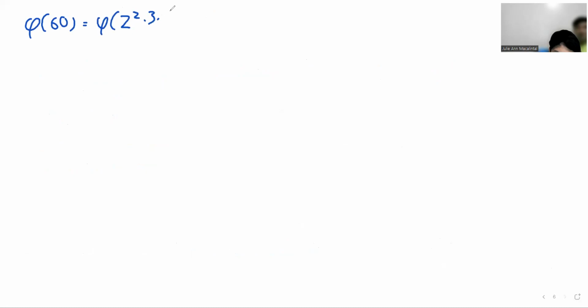With the formula, we can use the multiplicativity, or the multiplicative property, of the Euler's totient function. Write up nicely, please.